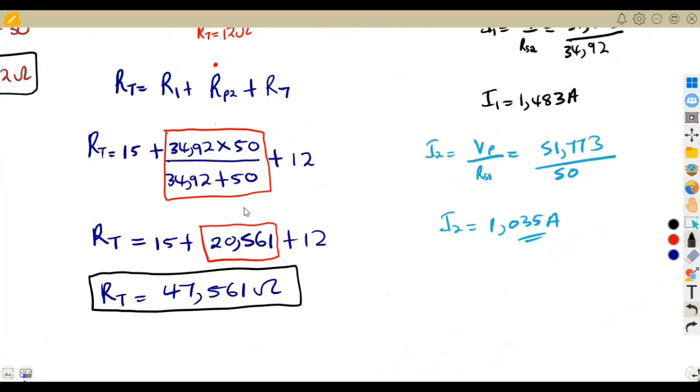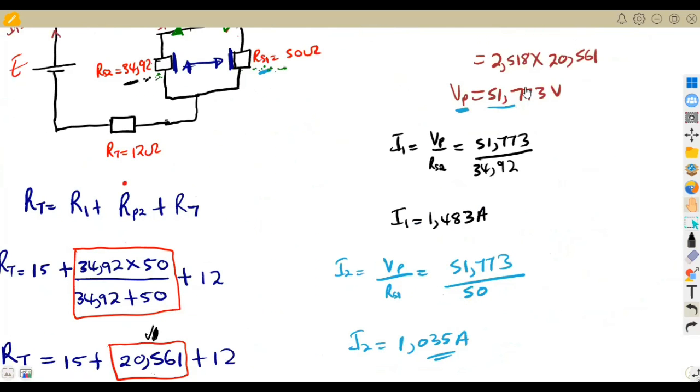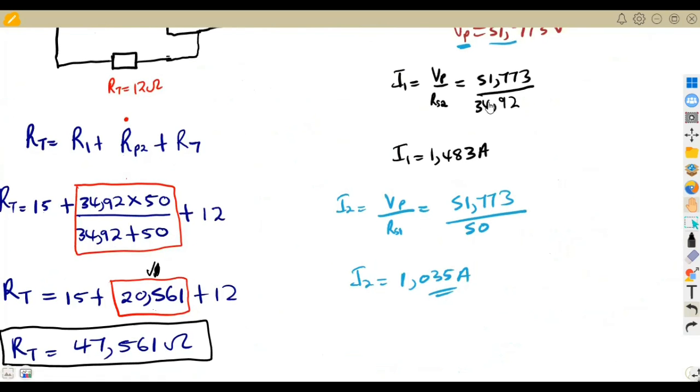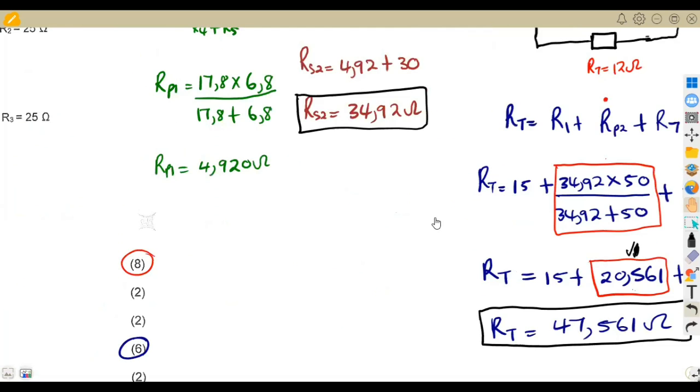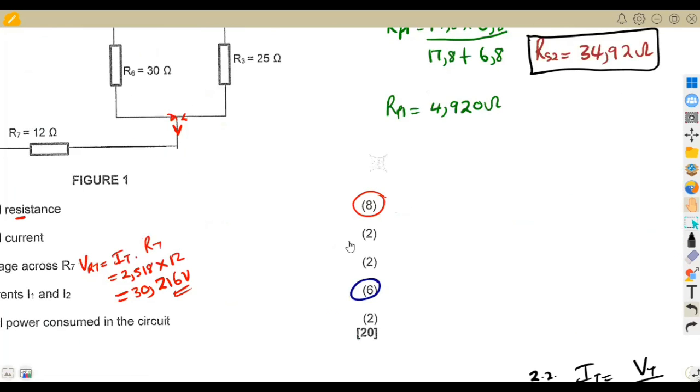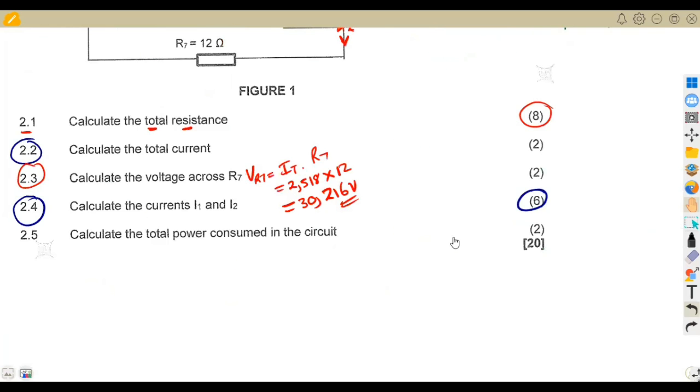So it's just a continuation from that resistance of the parallel combination. You calculate the voltage of that parallel combination, and knowing that in parallel the voltage is the same, you simply divide voltage by resistance to obtain the current. Voltage divided by resistance, you obtain the current. So both ways can be easy to apply as long as you understand properly what you are given.